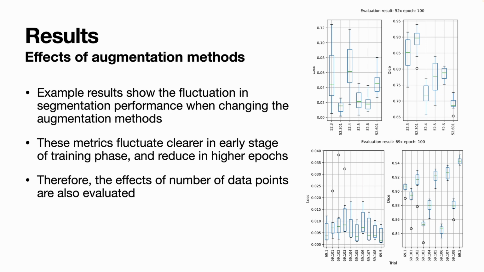You can see here the example result chart shows the fluctuation in the performance when using the augmentation methods. And as can be seen, there are methods that give significantly better performance than the others with the same approach. From this, we can determine the method that's suitable for each dataset.